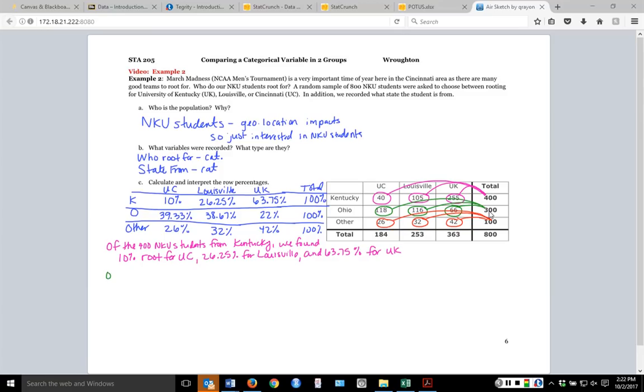Now looking at those from Ohio, so our 300 NKU students from Ohio, we found 39.33% root for UC, 38.67% for Louisville, and 22% for UK.